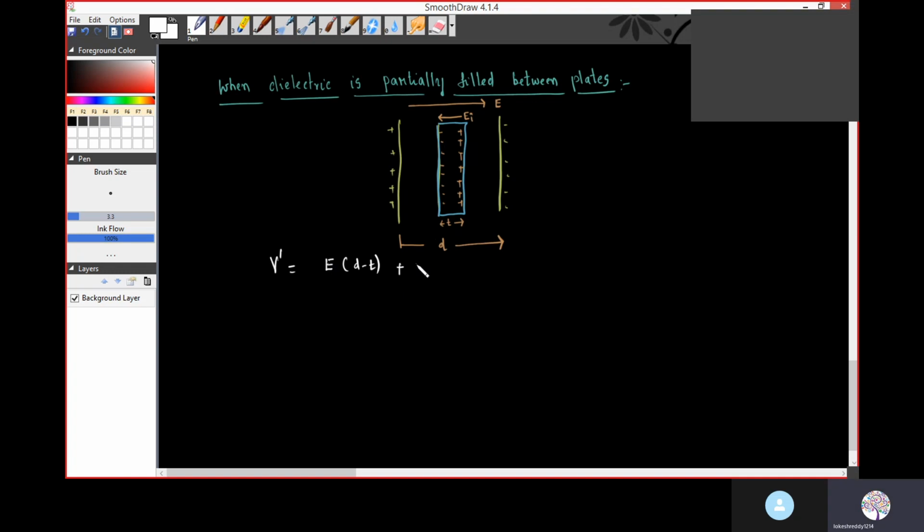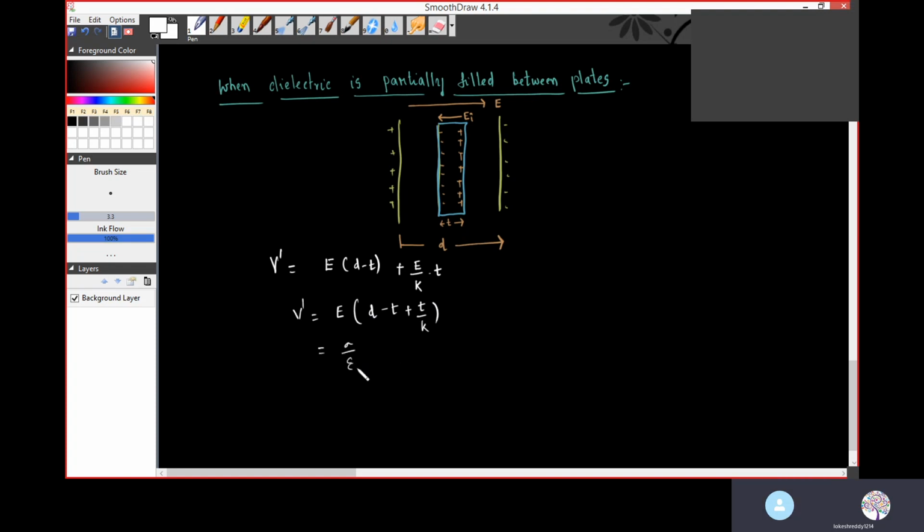Plus, in the dielectric the electric field will get reduced by K, so E dash is E by K, into t. That is the total potential V dash. So V dash is equal to E into d minus t plus t by K.